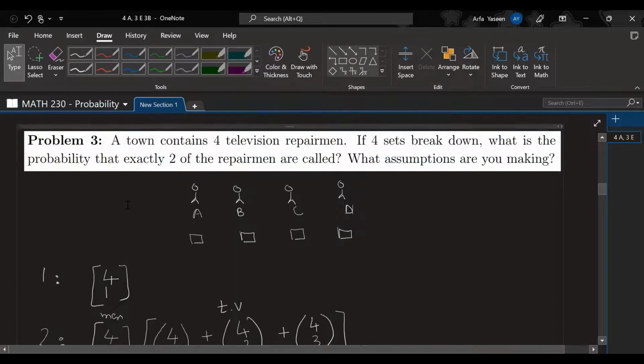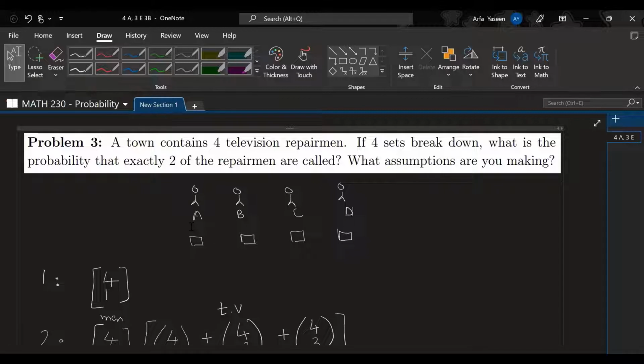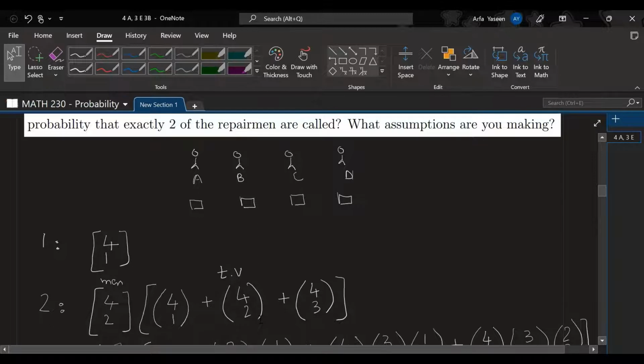And then I can choose 2 of these repairmen, for instance, B and C, and tell B to fix like 3 of the TVs and tell C to fix 1 of the TVs, like the remaining 1, right? So उसके लिए, but that is like a very particular case.